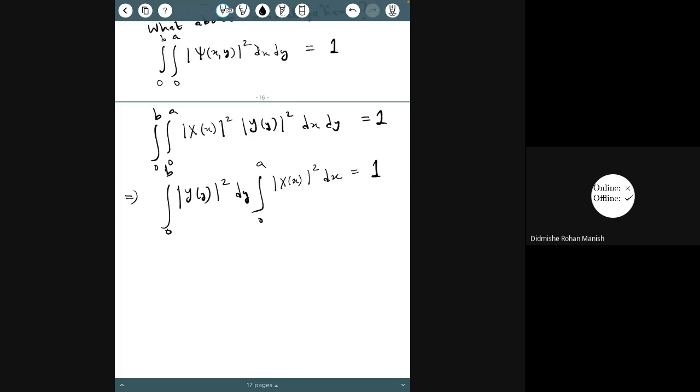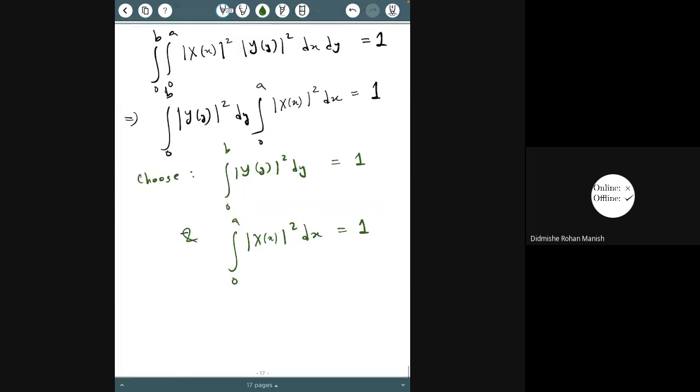So I can choose that this is equal to 1 and the x part is separately equal to 1. And this would satisfy the normalization condition for the overall wave function. Okay, so this is a choice.